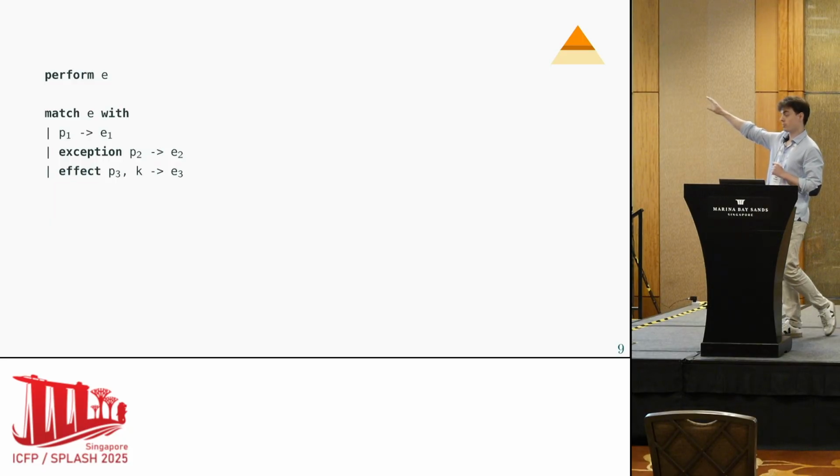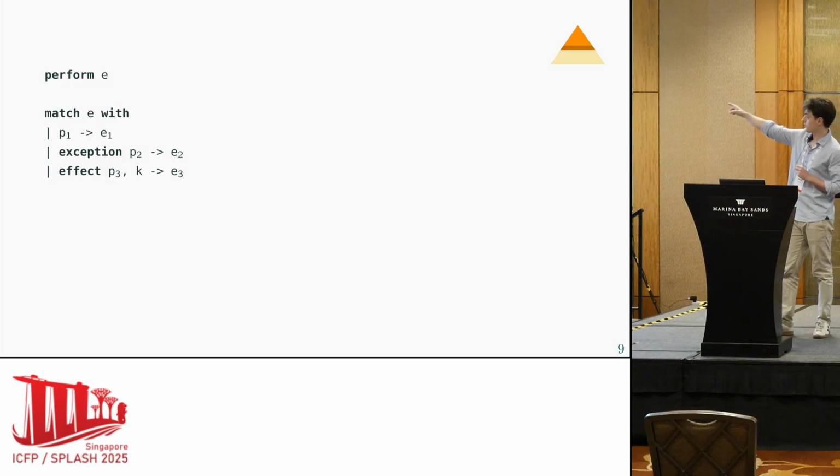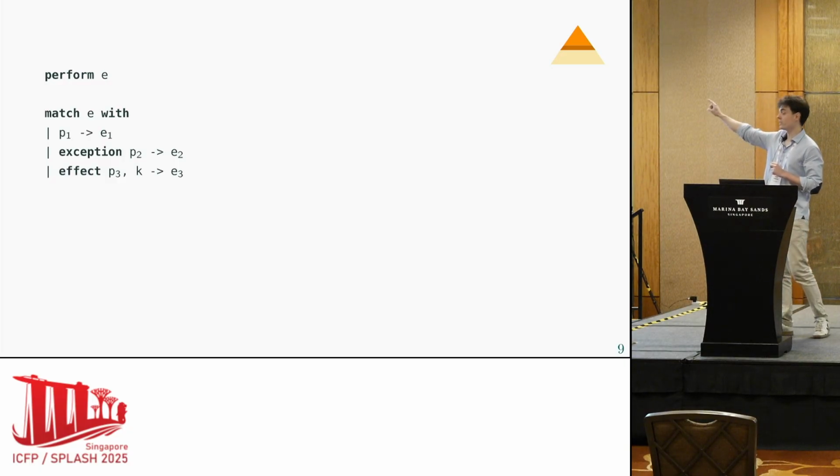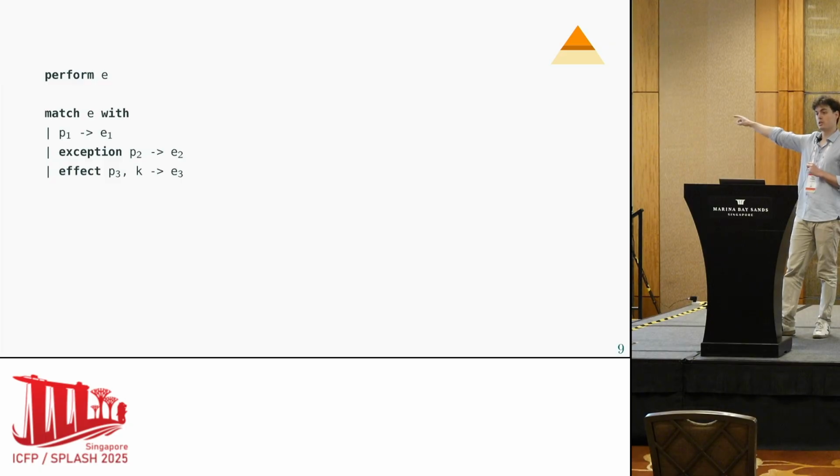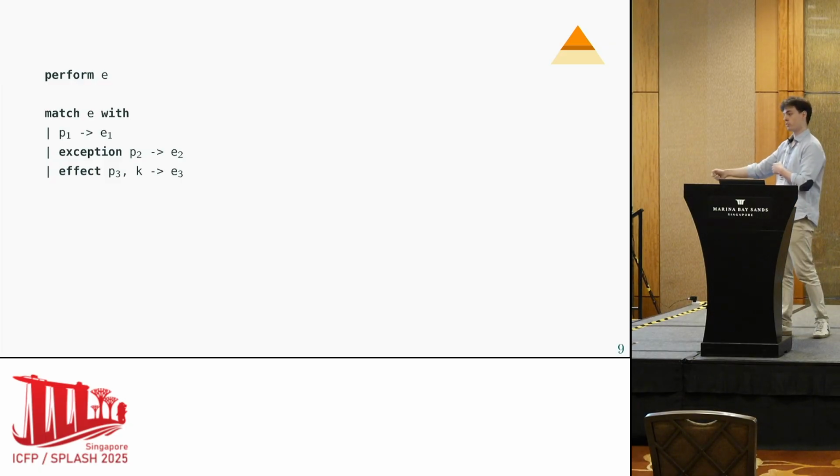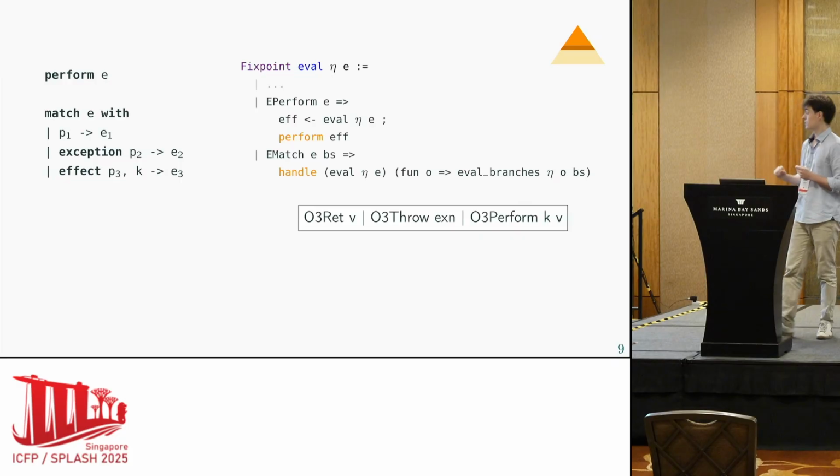Performing an effect is just perform, and then installing the handler is adding this effect branch into a pattern match. So this match is saying evaluate the expression E, and then any effect that this generates is going to get caught in the third branch here, giving us access to the continuation K, which we can then resume when trying to handle the effect.